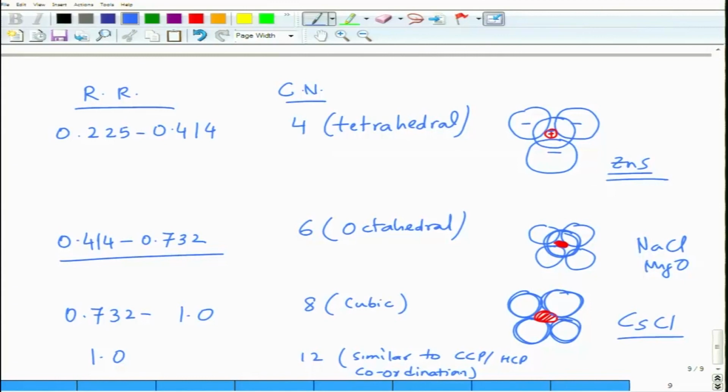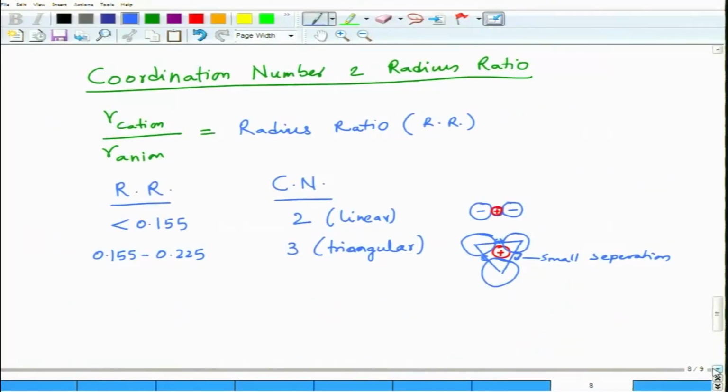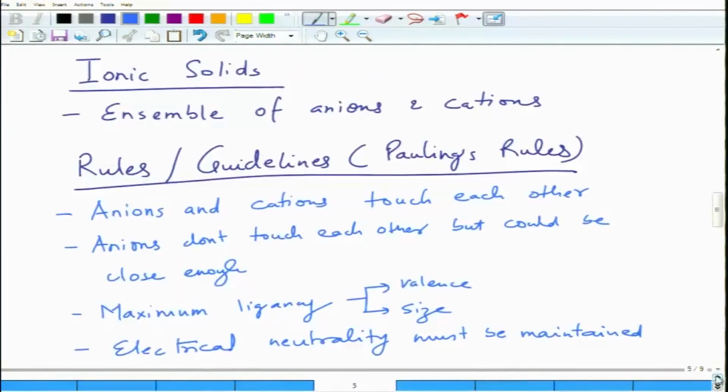Okay. So, these are the guidelines for radius ratios, which give you certain configurations which make energetically stable configurations. So, you can see that in all of these, the guidelines tell you that anions and cations touch each other, anions do not touch, but generally should be close enough, and you should have maximum ligancy to minimize the electrostatic energy.